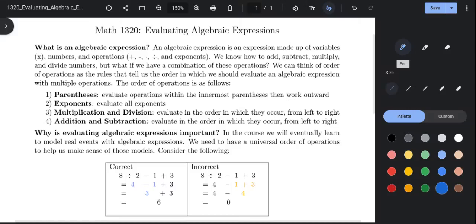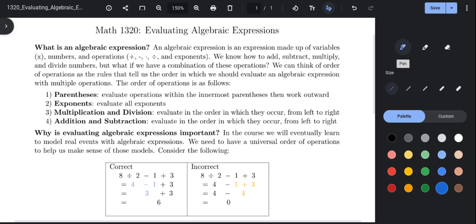In this video, we're going to talk about evaluating algebraic expressions using order of operations. So the first thing is, what is an algebraic expression? You've probably used a lot of expressions throughout math in your high school, middle school, and elementary school years.